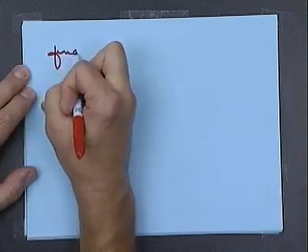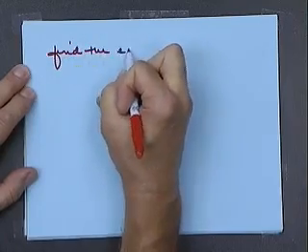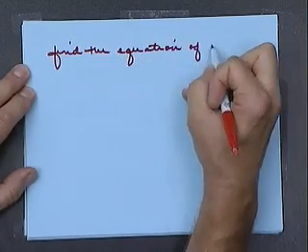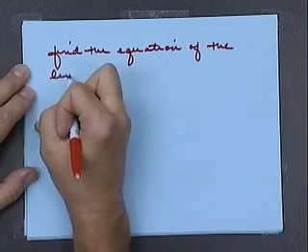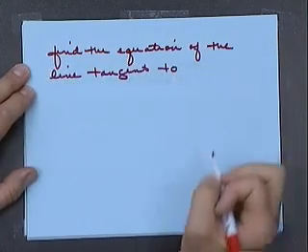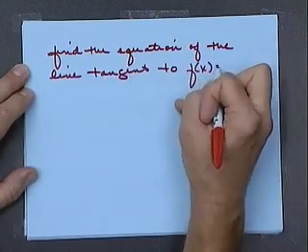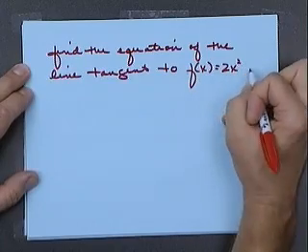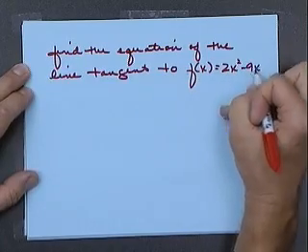Okay, let's go a step further with that. Find the equation of the line tangent to this function. I hope it's the same function. It is. So we don't have to do that process again.